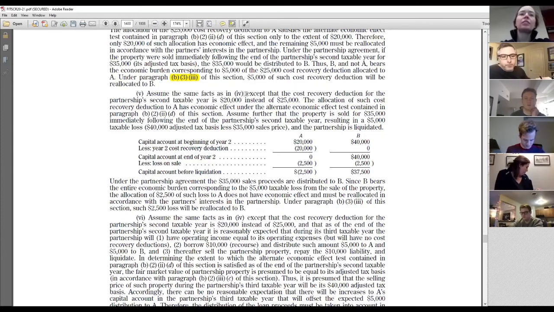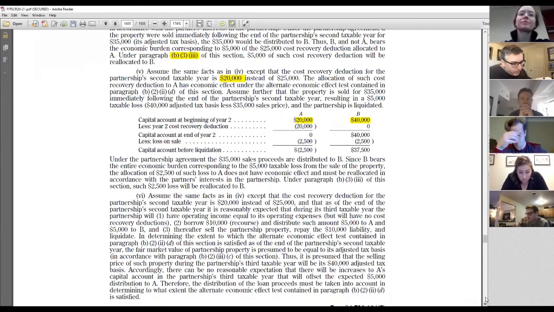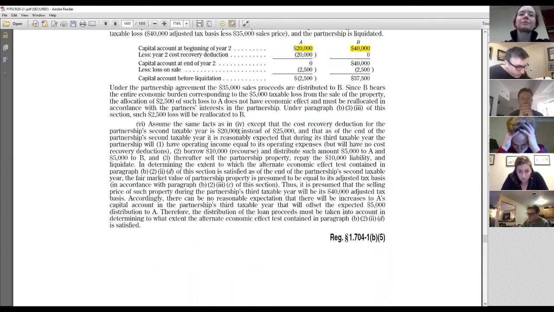So we have 20 of depreciation in year 1, and 20 in year 2. So our capital account at the end of year 1 is 40 and 20. And our depreciation for year 2 is 20. So that by itself, I'm sorry, I want to do 6 little i's. Sorry, 6 little i's, same facts, 20.